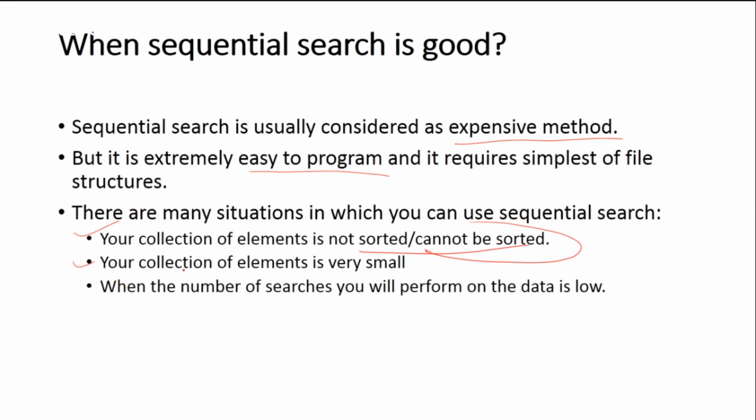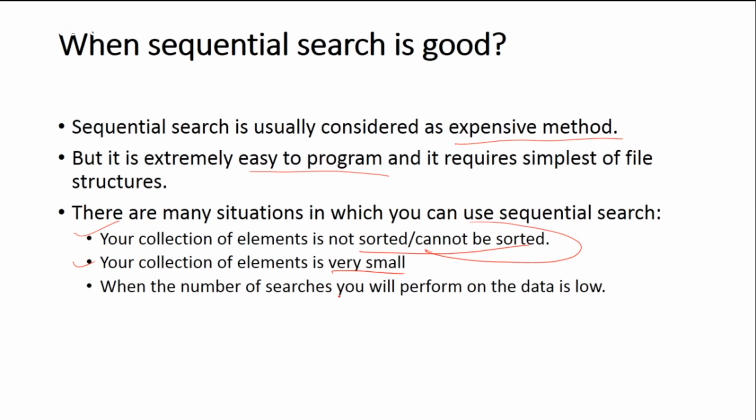One more, when your collection of elements is very small. If you have only a minimum number of elements, like if your file contains only 10 elements or 100 elements, then sequential search will be good. It will not consume much time. But if your file carries lots of data, then obviously sequential search is not a good solution.